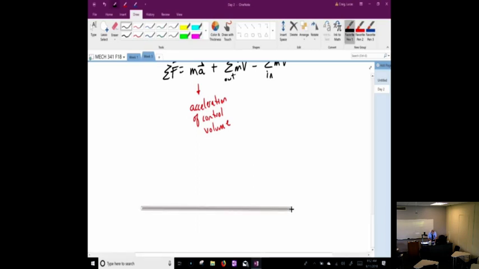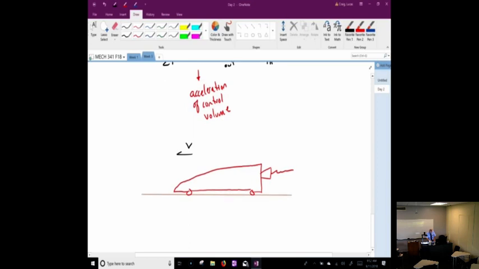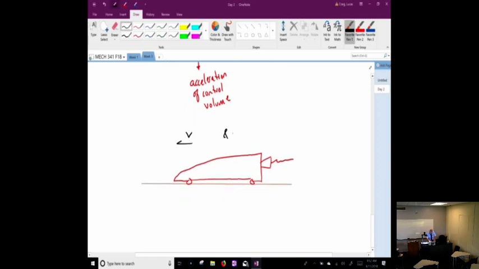Here's the road. The car's going left. It's pretty aerodynamic, and it's moving at constant speed.